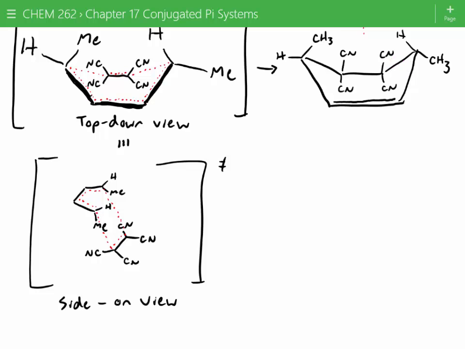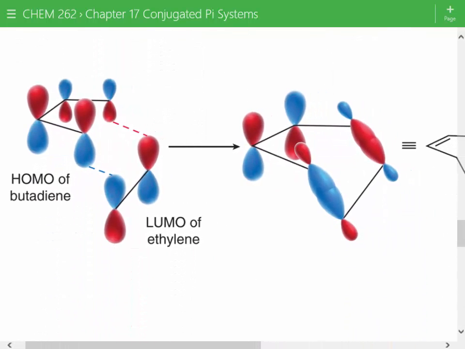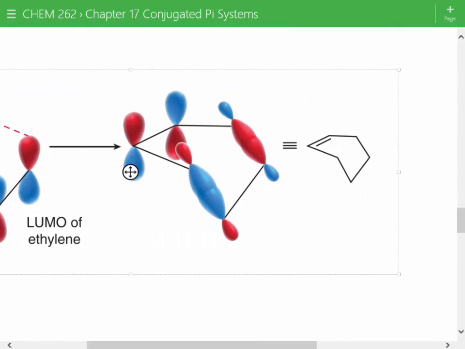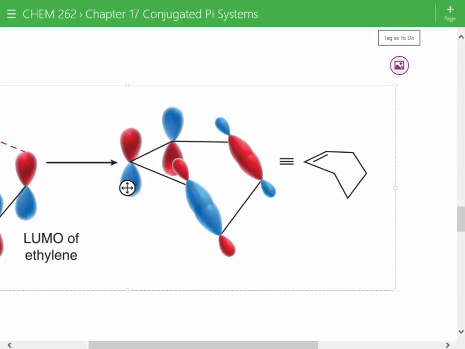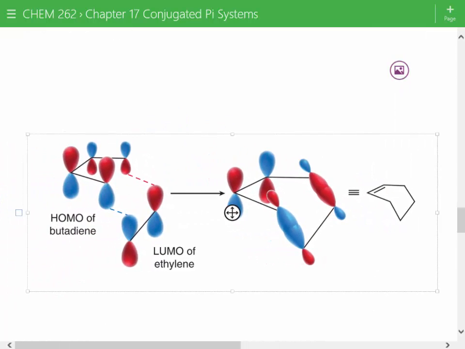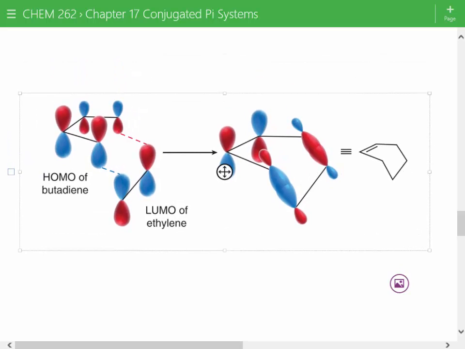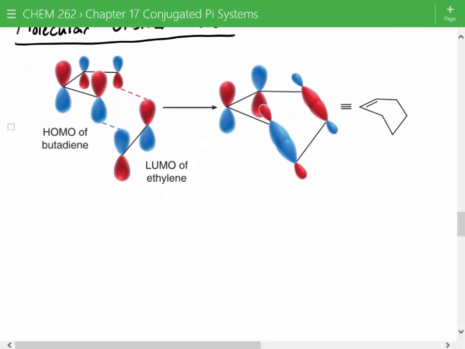All right, so let's change gears and talk about what's going on with this whole docking mechanism. Let me shrink this up a bit. At the molecular orbital level, we have a very specific thing happening here.